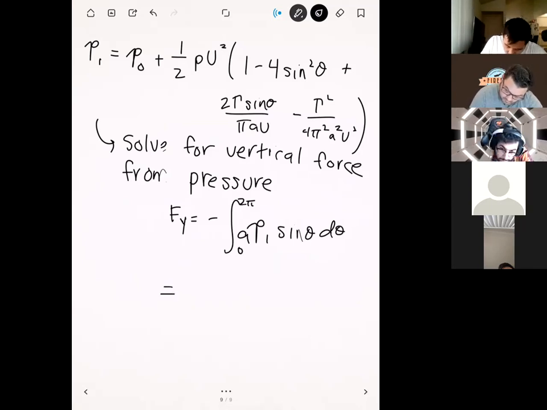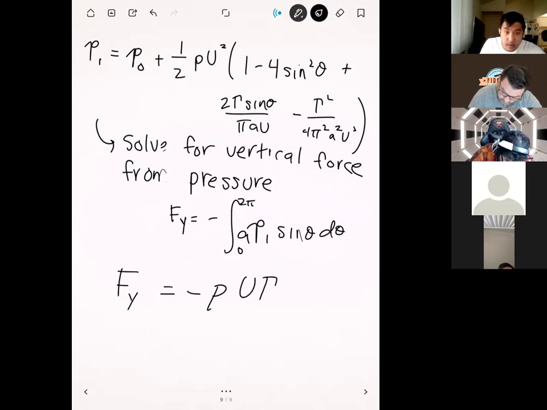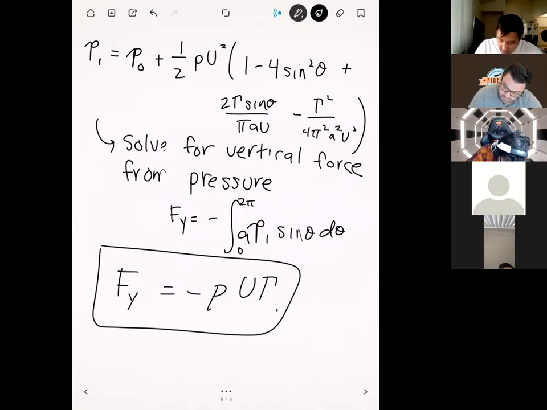And so we get Fy is equal to minus rho U gamma. And so this is basically a net force downward.